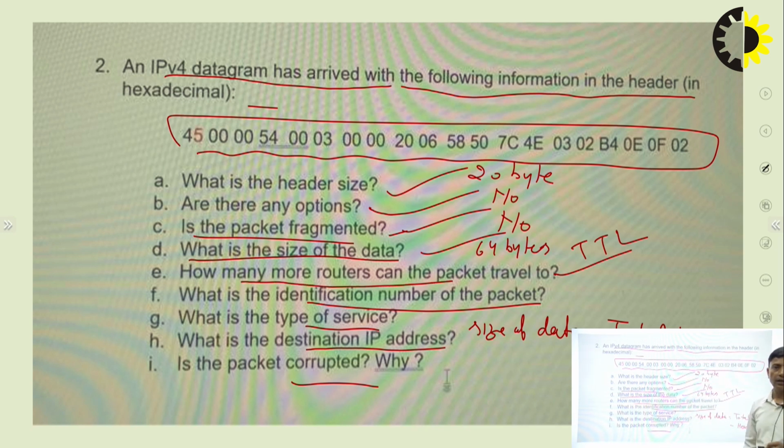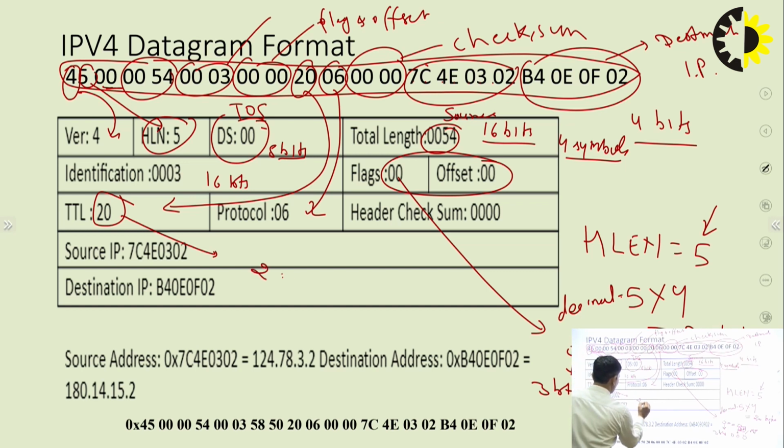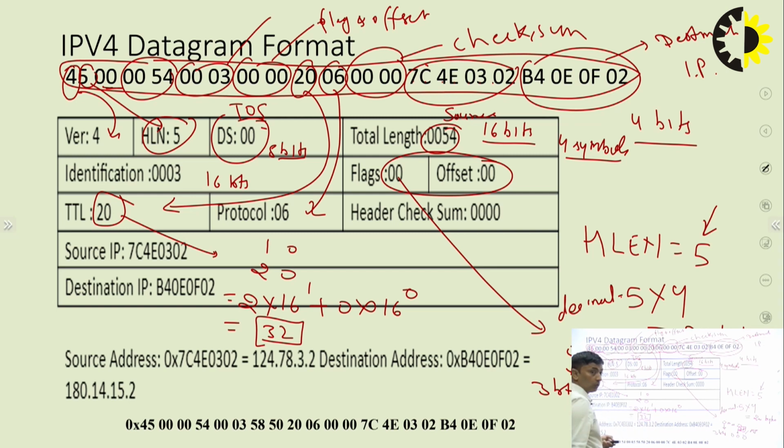How many routers can the packet travel through? This is given by the TTL information, time to live. This value is 20 in hexadecimal, so we have to convert into decimal. There is the index 0 and 1. So this will be 2 into 16 power 1 plus 0 into 16 power 0, which is 32. So the TTL field consists of 32 in decimal.